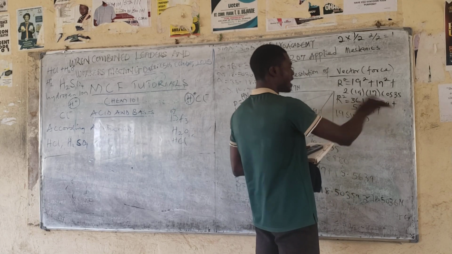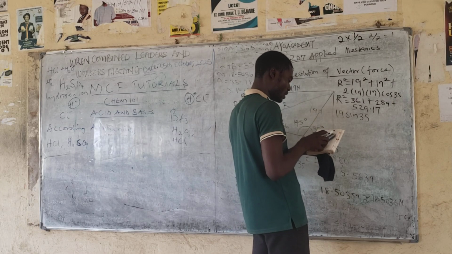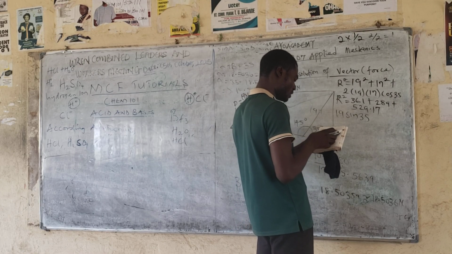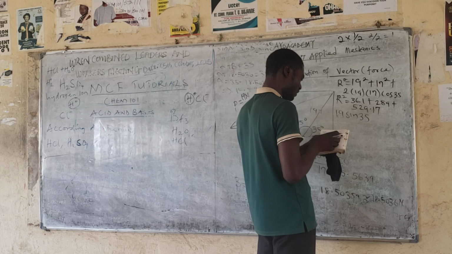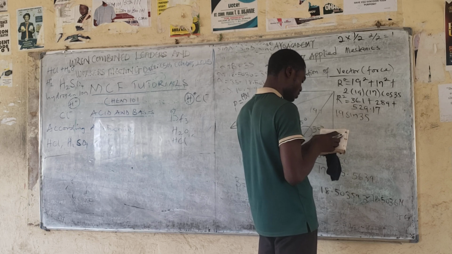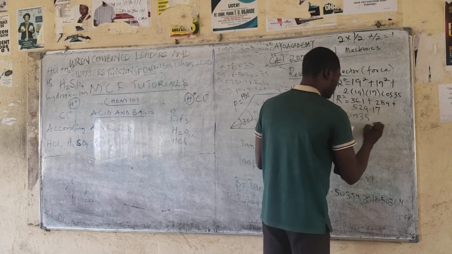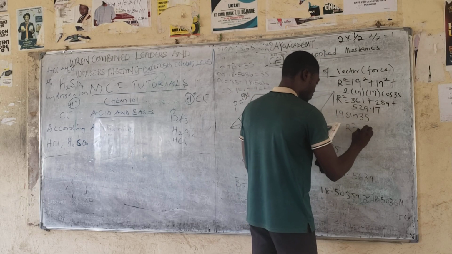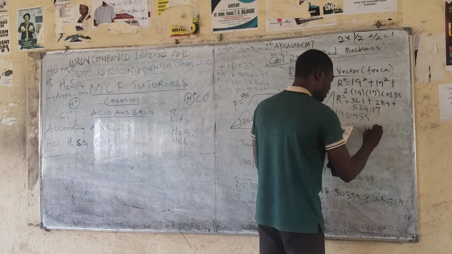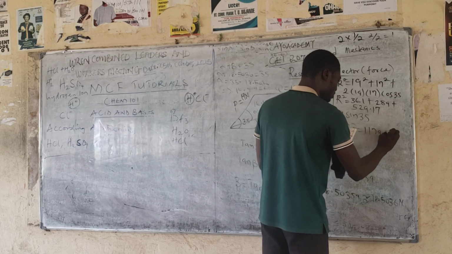Okay, well, let me just clean this one. So add everything together: 361 plus 289 plus 529.17 gives us R squared equals 1179.17.